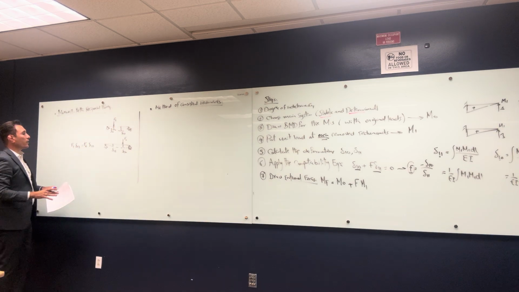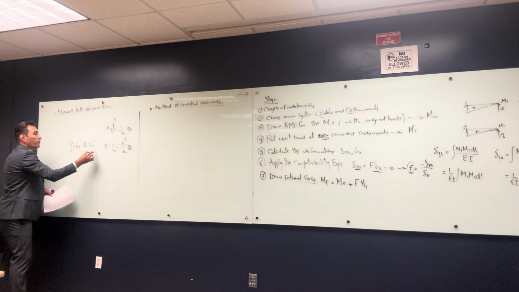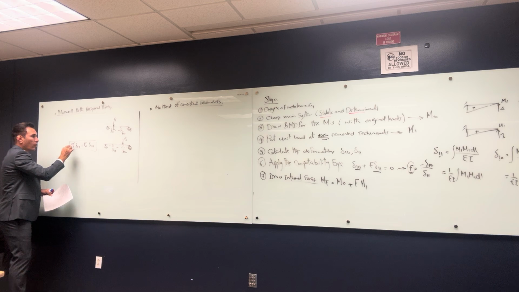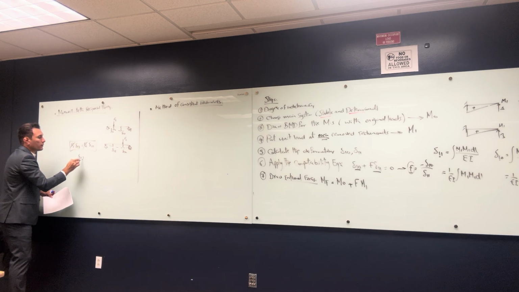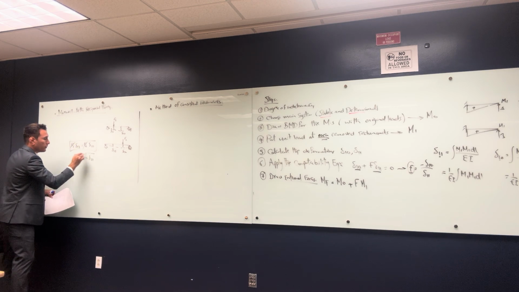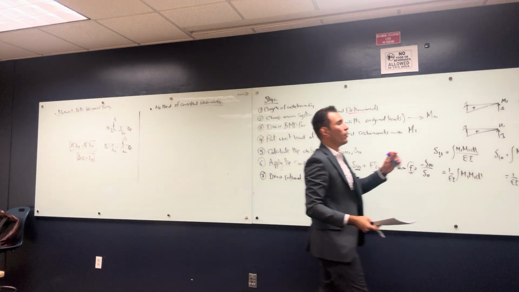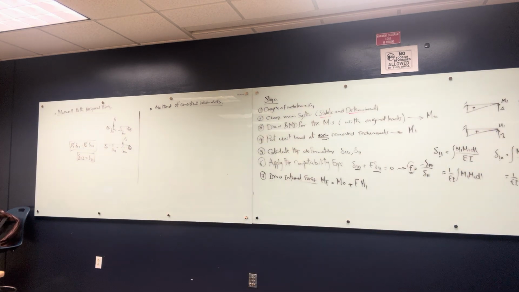But in our case, F1 and F2 are unit loads. So if F1 is equal to 1 and F2 is equal to 1, then delta 1,2 is equal to delta 2,1. So if I have a problem with 3 degrees of indeterminacy, basically I have to calculate these 3 values, delta 1,0, delta 2,0, delta 3,0. I integrate the bending moment from the original system with 1, then 2, then 3 to get these values.